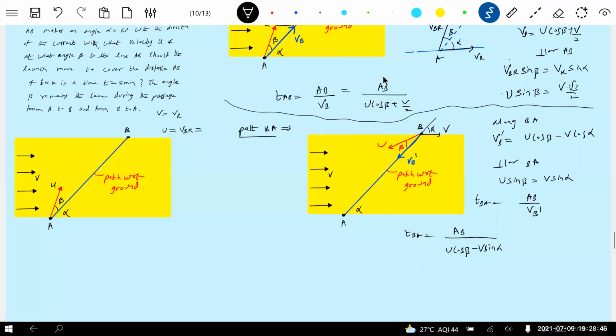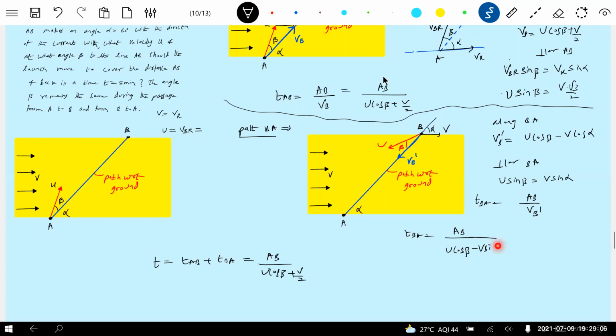The total time is given for this. What is the total time? TAB plus TBA. TAB is AB by U cos beta plus V by 2. This we can simplify.